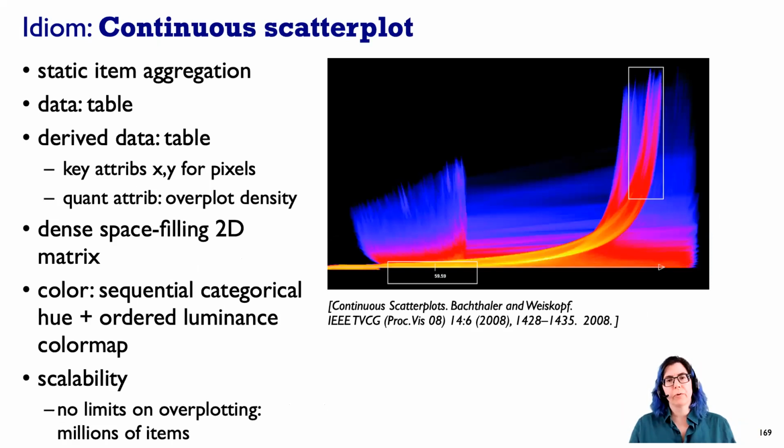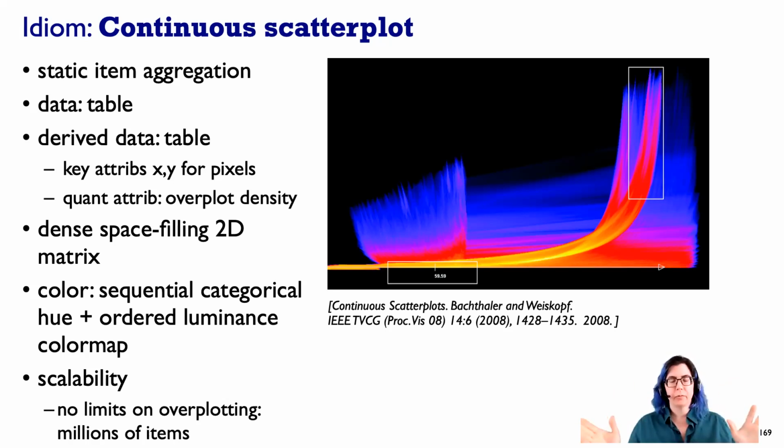So here's an interesting one that you may well not have seen, this idea of a continuous scatter plot. This is also an approach to aggregation, and it's trying to tackle one of the main problems with a scatter plot, which is, well, what about overplotting? What if you have a lot of points and they're all on top of each other? How can you tell? So in this case, it's an interesting play with derived data.